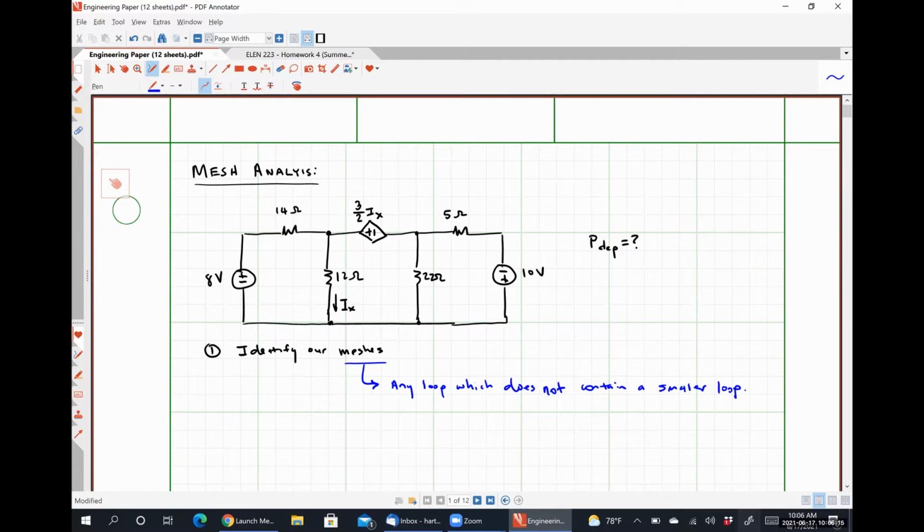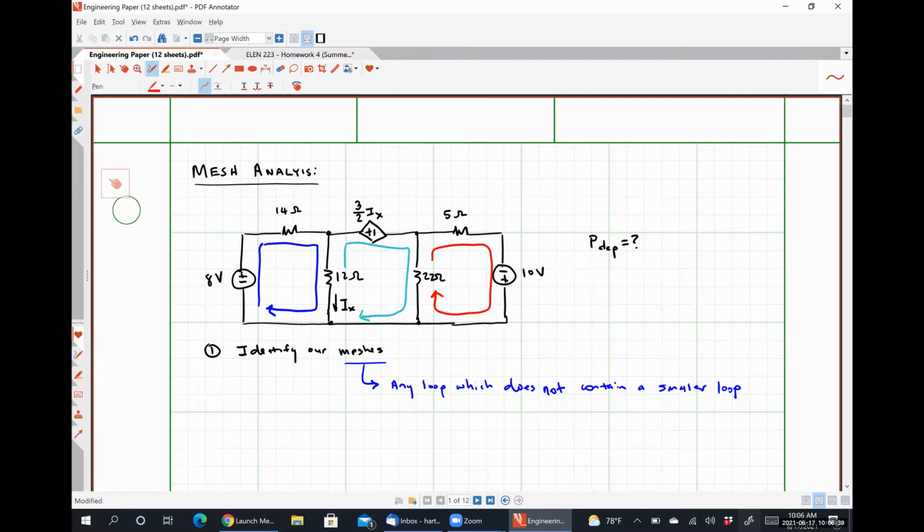So in this case, I'm going to say that this is a mesh. This kind of window pane thing here is a mesh. And this guy is a mesh as well.